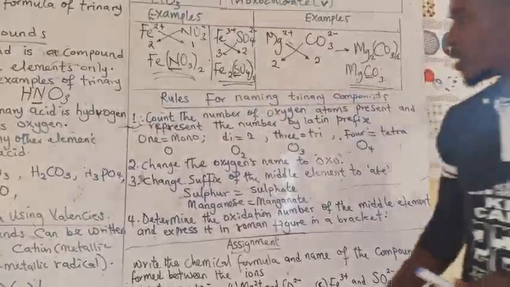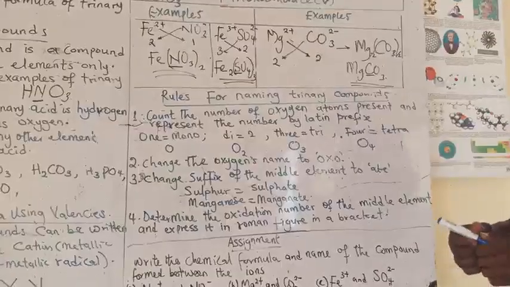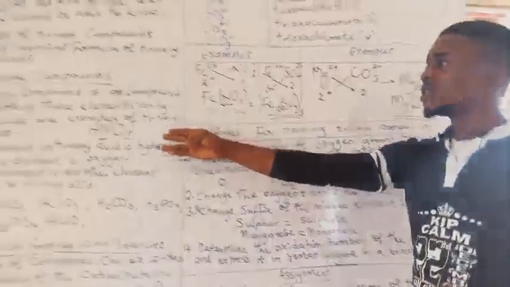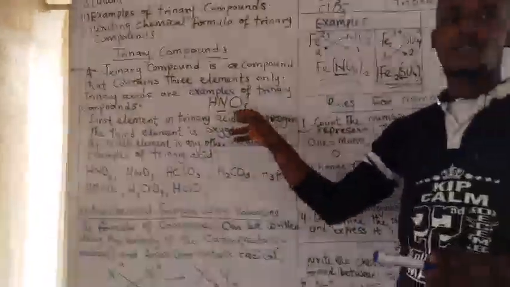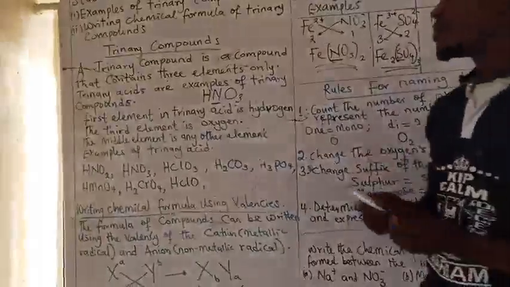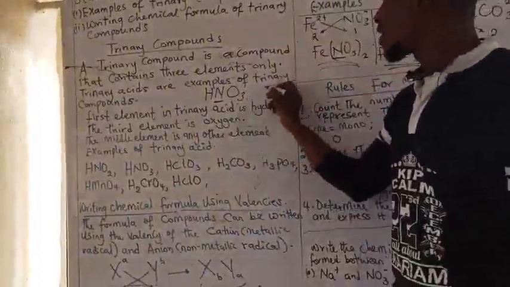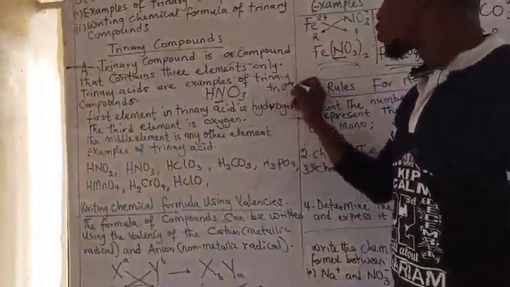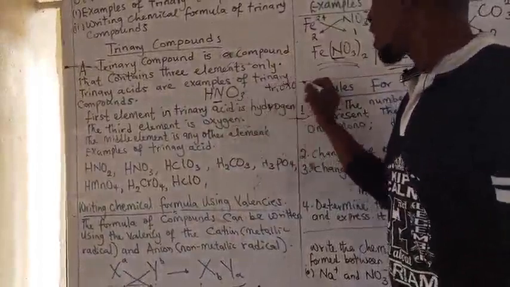So now let's look at an example. Let's look at this hydrogen compound. How do we name it using these rules? Remember, these 3, it is tri, oxo, and then nitrate.